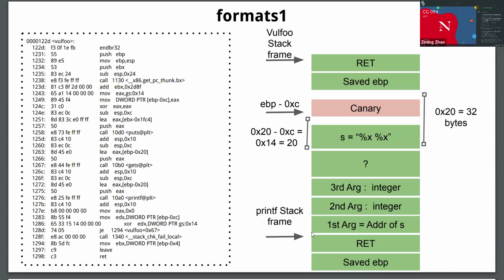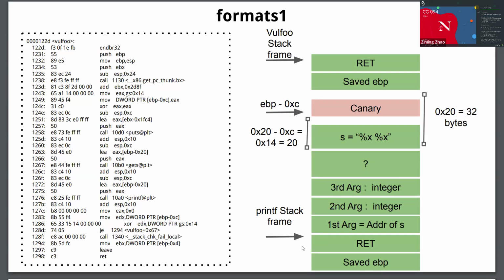However, we never pushed those onto the stack. In our source code, we didn't do that. We only do printf(s). We didn't do printf(s, integer1, integer2). And this cannot be detected at compile time, because at compile time you don't have that format string. The format string could be user input. Only at runtime do we have that, right?